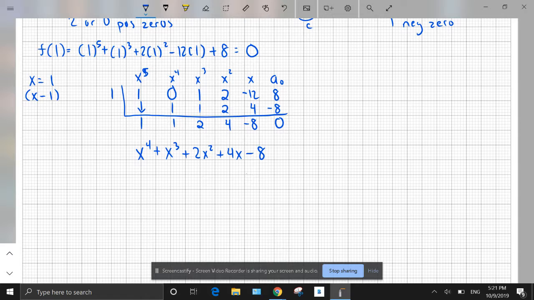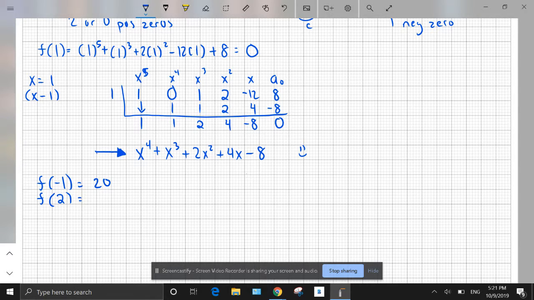Let's try some more numbers. Substituting negative 1 into this polynomial right there, we end up with 20. So we'll move on to 2.